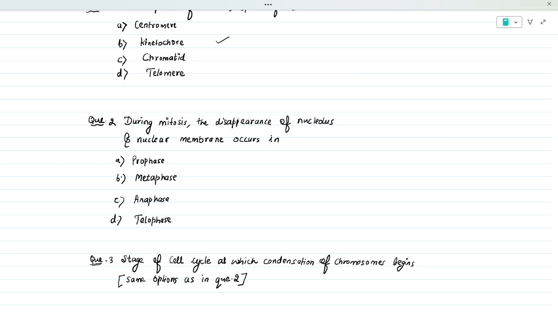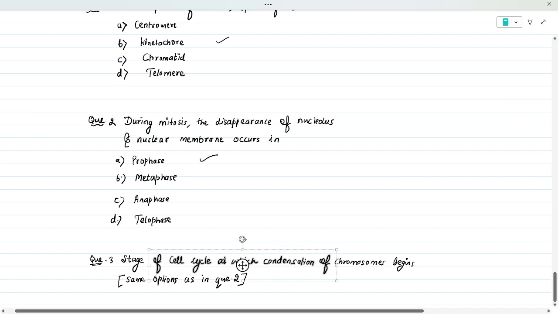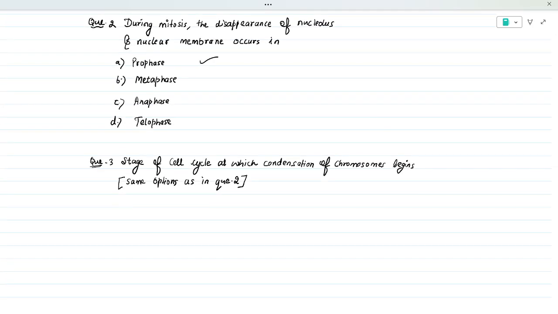We have studied disappearance of nucleolus occurs in prophase, metaphase, anaphase, telophase. The right answer would be prophase. Stage of cell cycle at which condensation of chromosome begins. It's not asking where fully condensed, it's asking where condensation begins. Options as in question 2. So the answer here would be again the same, that is the prophase. So that's done with the metaphase stage. Thank you.